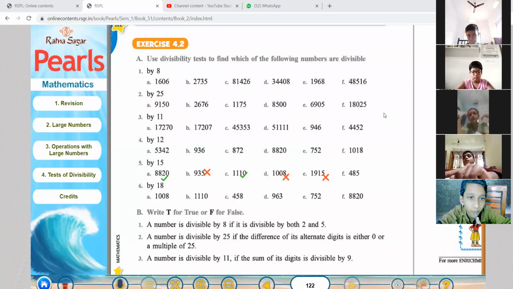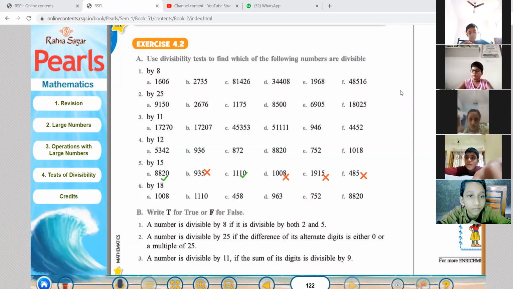Then what about the divisibility of 17 by 3? It is not divisible. And so we can say that the number 485 is not divisible by 3, and hence it is not divisible by 15.